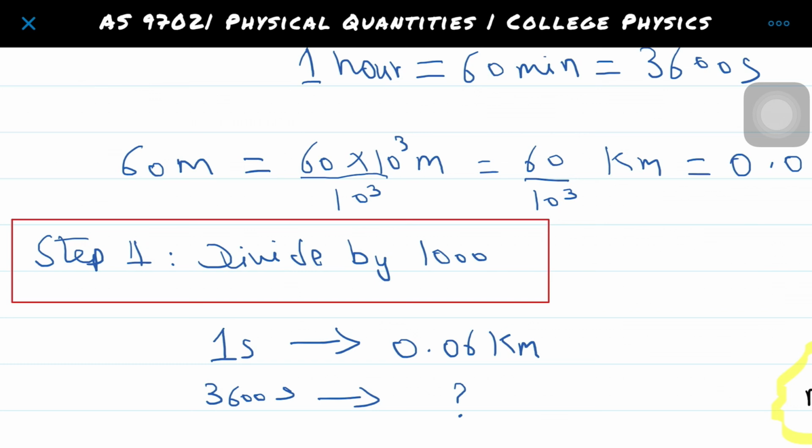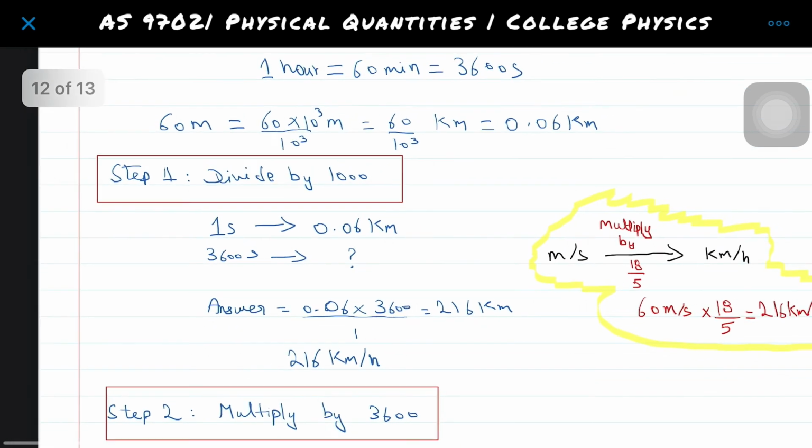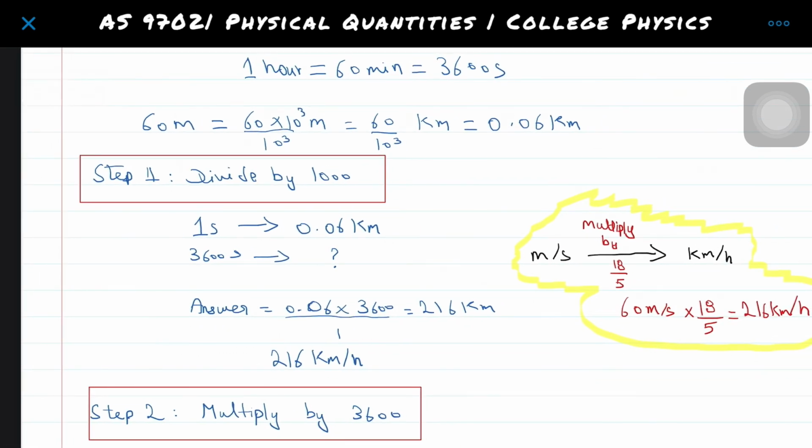So how much would we travel in 3600 seconds? It's just going to be a ratio thing, and we're going to multiply the 3600 by 0.06, and that's going to become 216 kilometers, right? So it is basically 216 kilometers per hour. So this is how it works.